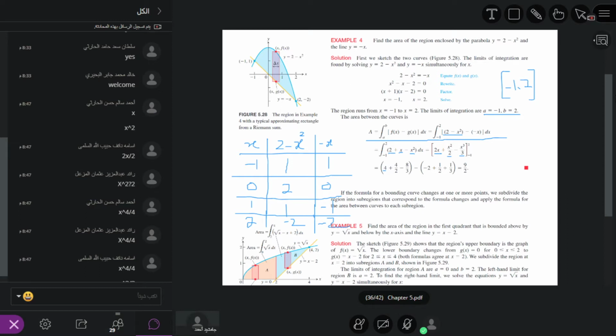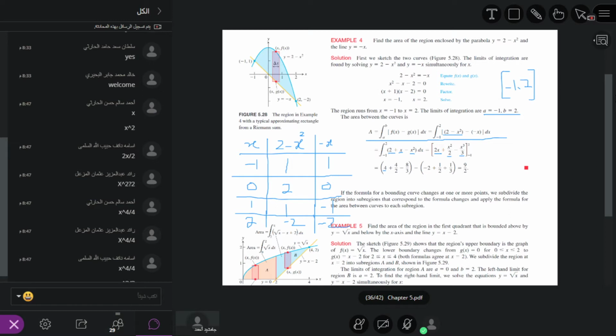We have to find the area between the curves of these, so we have y equal to 2 minus x squared and y equal to minus x. First of all we equate these two functions and we get the points, it means the values of x.